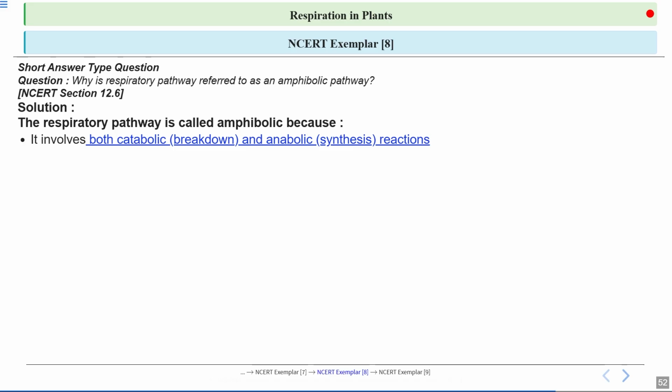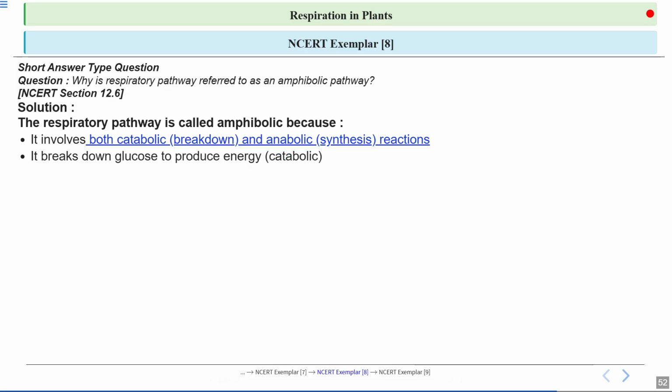An amphibolic pathway is a pathway that involves both breakdown and synthesis reactions, that is, both catabolic and anabolic reactions. In catabolic reactions, molecules are broken down for energy, and in anabolic reactions, new molecules are synthesized.